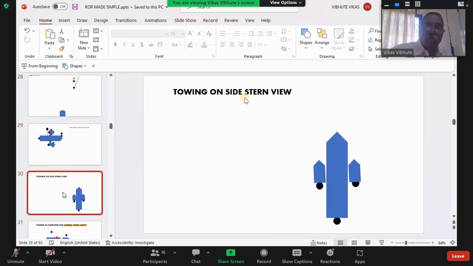And if it's a side tow, you don't have to show the yellow light behind. Correct, sir. It's not towing astern.